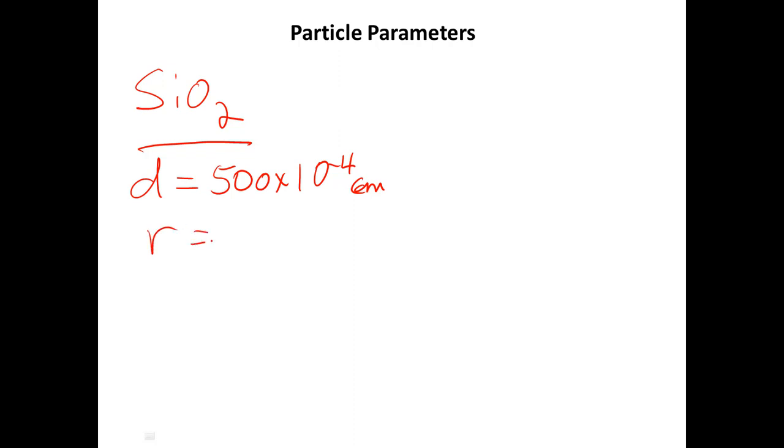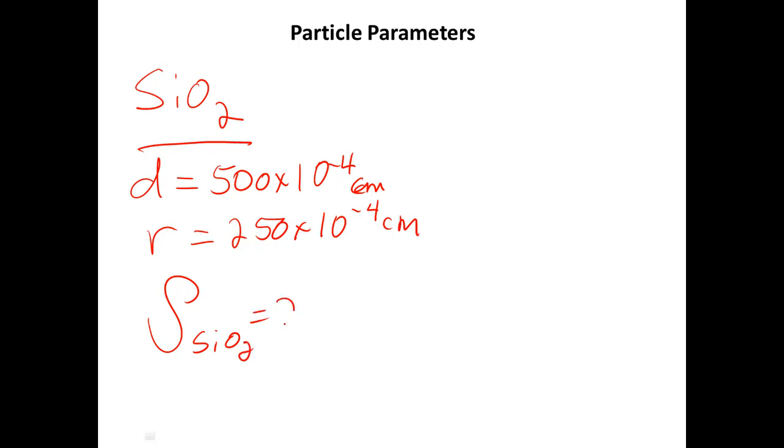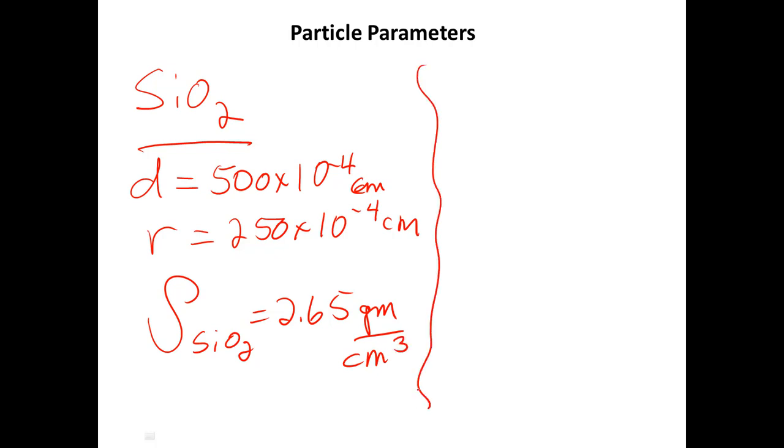In terms of the radius, then it's half that value, 250 times 10 to the minus 4 centimeters. And of course the density of SiO2 equals 2.65 grams per cubic centimeter. So we're going to be working in CGS units. So that's one of the particle types.